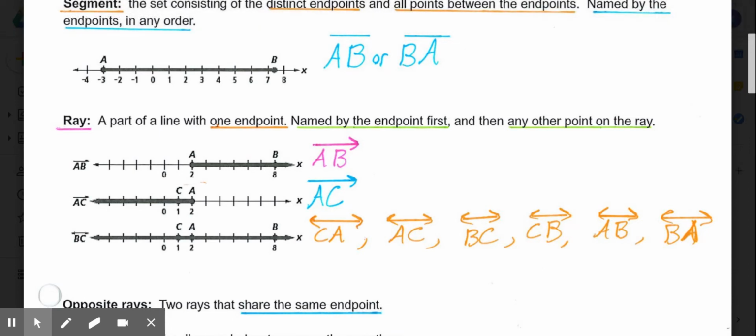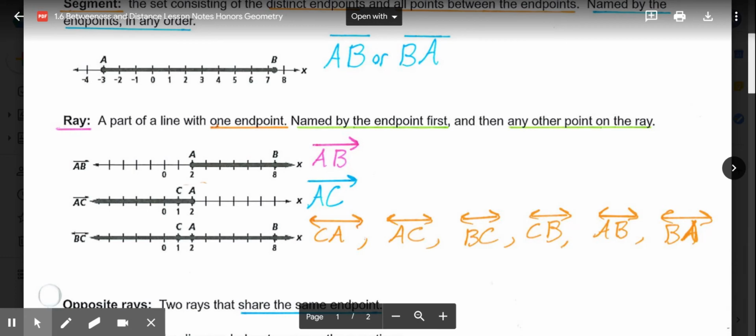We could name this with any 2 points on the line in any order. So again, a reminder for a line, you can name it with any 2 points on the line in any order. So we could call this line CA, AC, BC, CB, AB, or BA. All of those would be that same line.